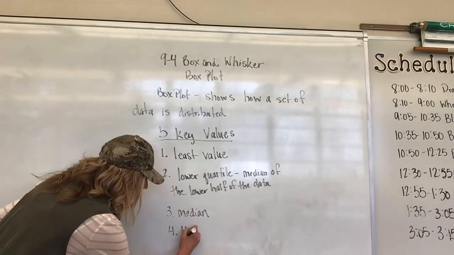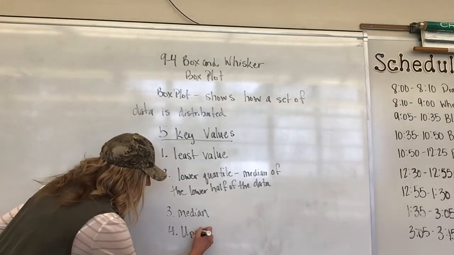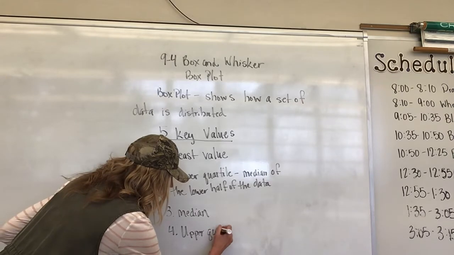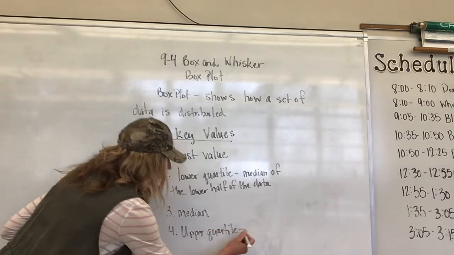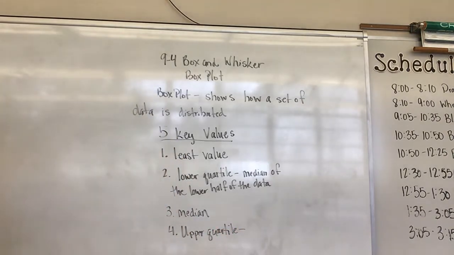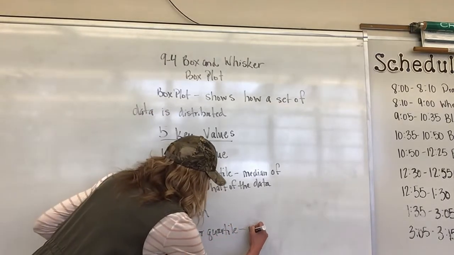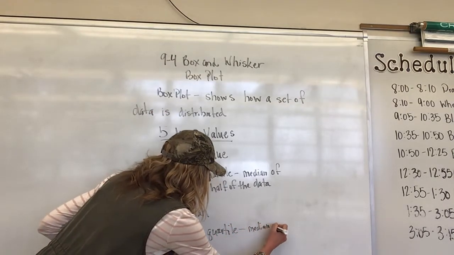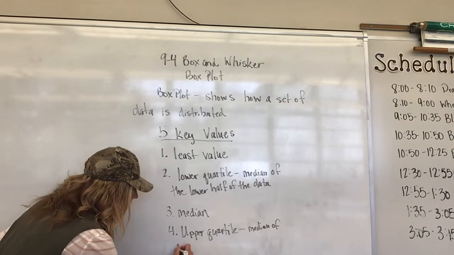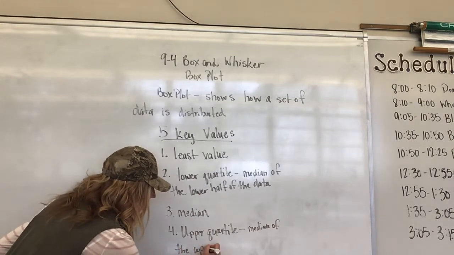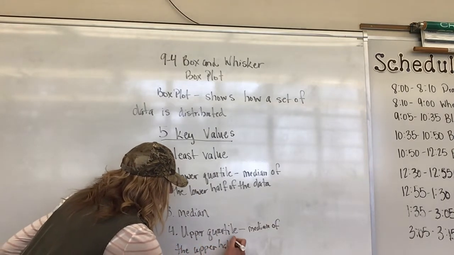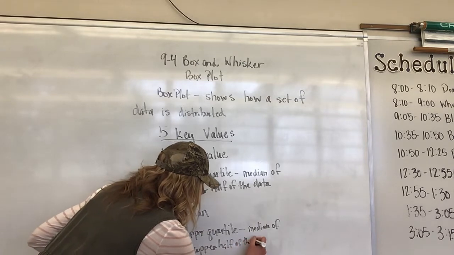Number 4, upper quartile. Well, if we have the lower quartile, we obviously probably need the upper quartile. If the lower quartile is the median of the lower half, the upper quartile is the median of the upper half of the data.